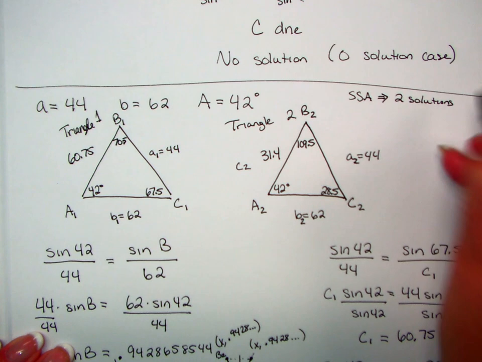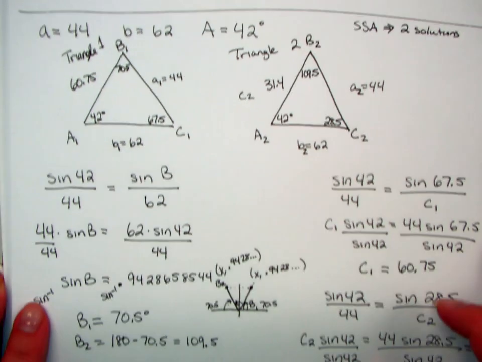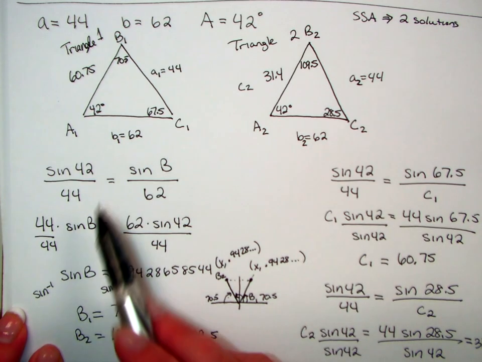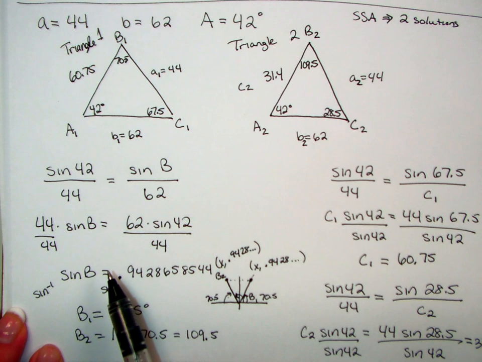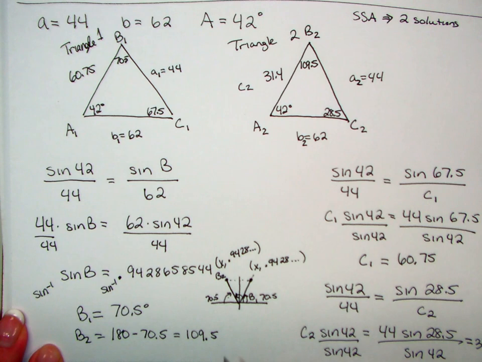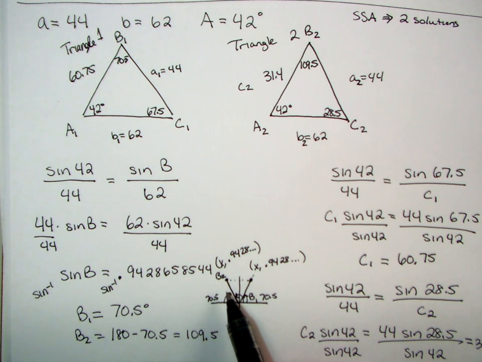So when we do a side-side-angle, we're forced to solve for an angle. And when we're forced to solve for an angle, there are two solutions, unless there's zero solutions. Okay? But you're always going to get one answer from the calculator, and your other answer is on the other side of the y-axis.